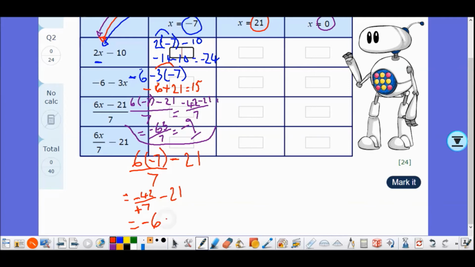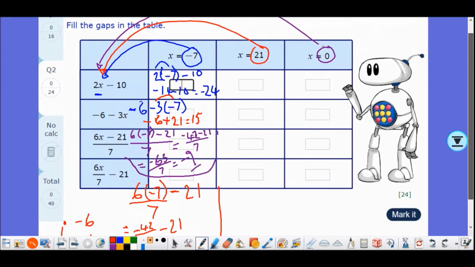So negative 6 minus 21, and again I'm just subtracting these. Okay, so I start at minus 6 degrees, if you imagine I'm on a thermometer, and I drop another 21 degrees, and that's going to give me negative 27, and that's the last one.